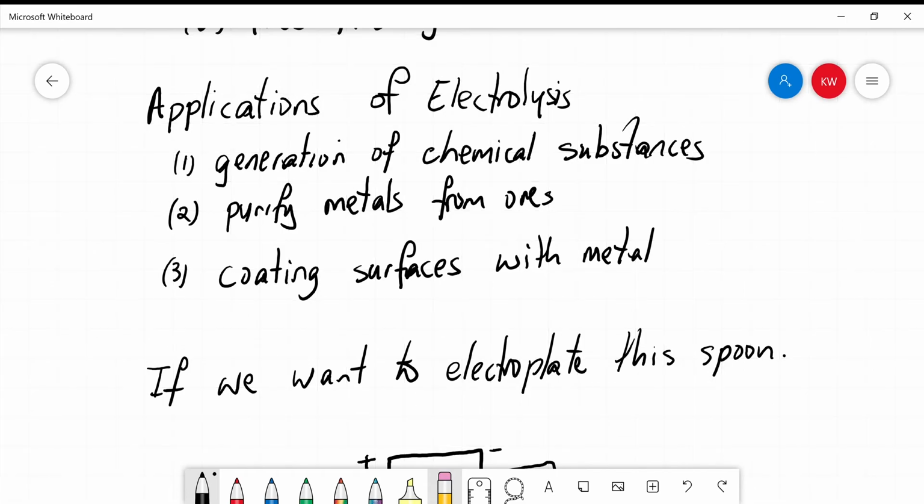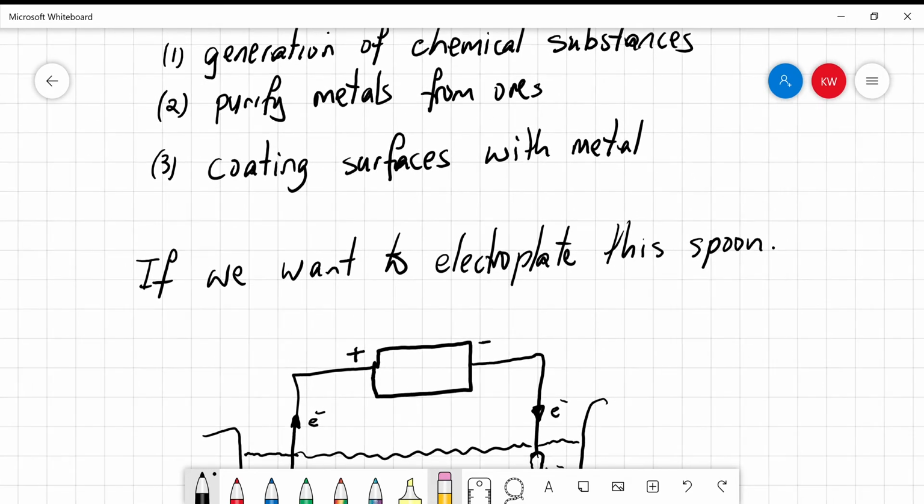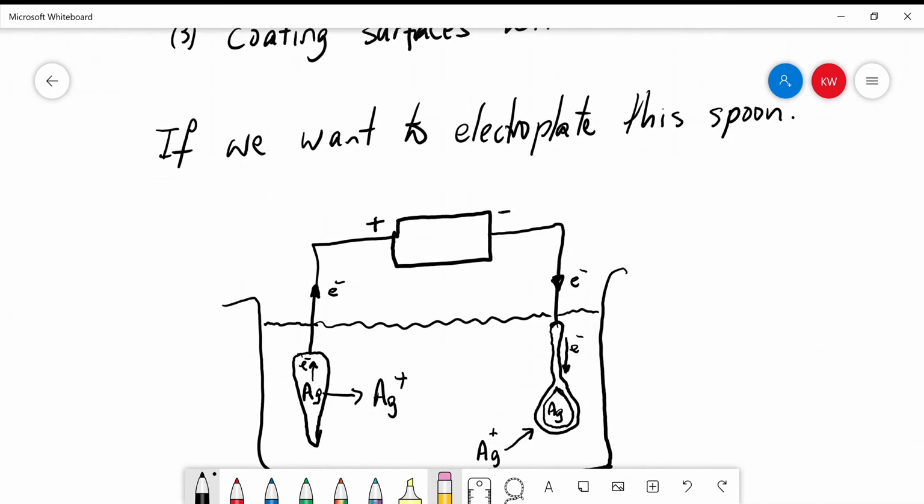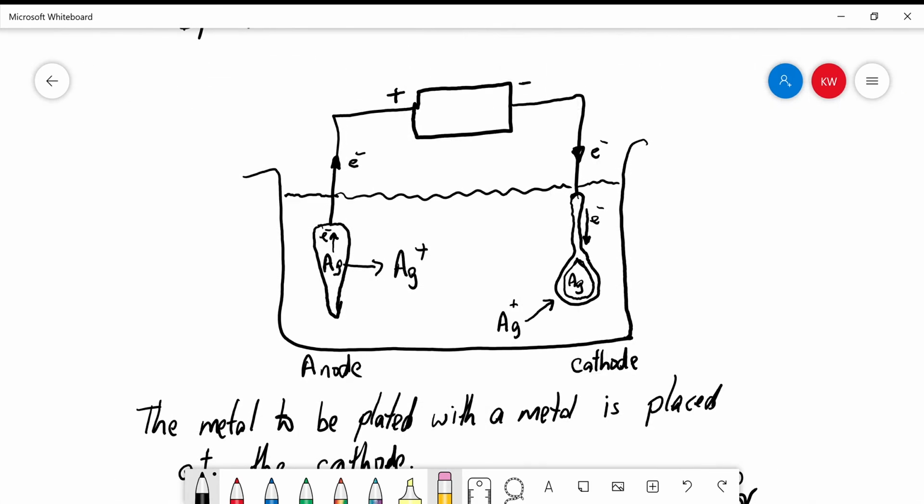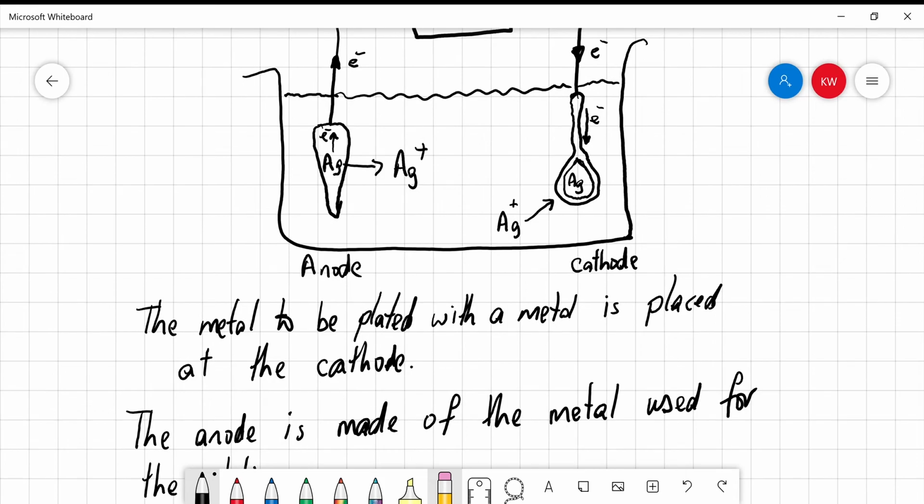So if we want to electroplate this spoon, here we have a spoon, we have to make sure that the thing we want to be electroplated is placed at the cathode. And what we want to electroplate it with is placed at the anode.